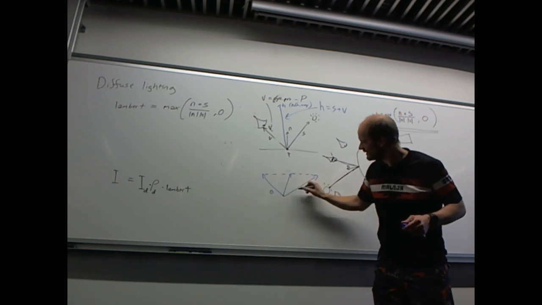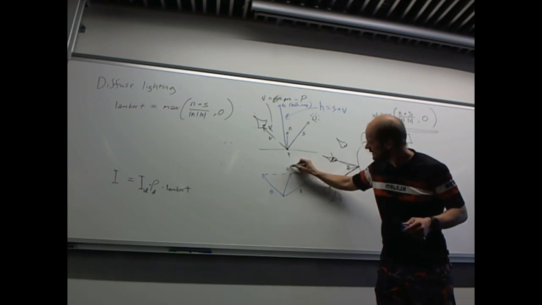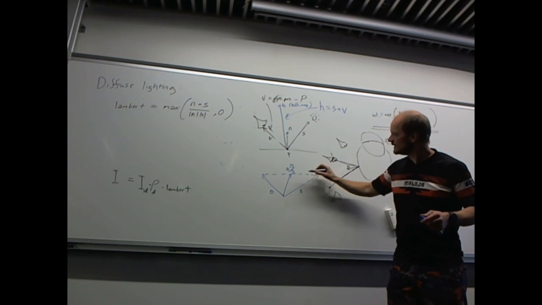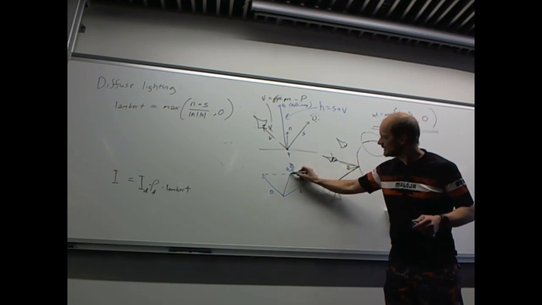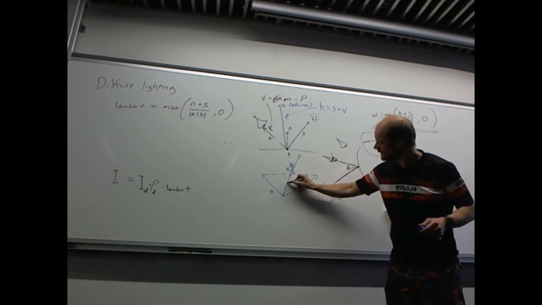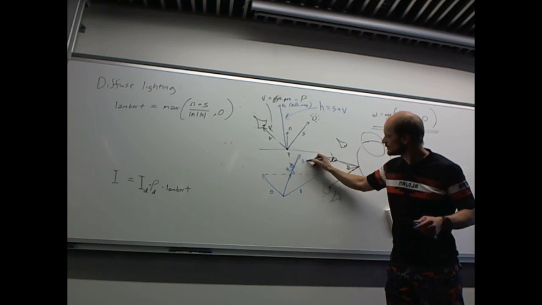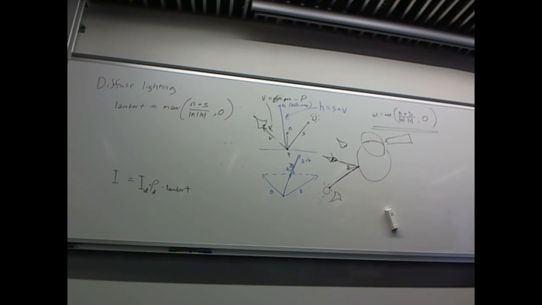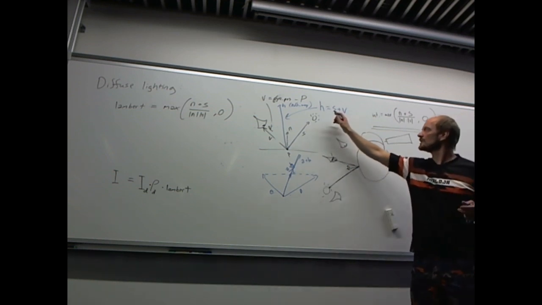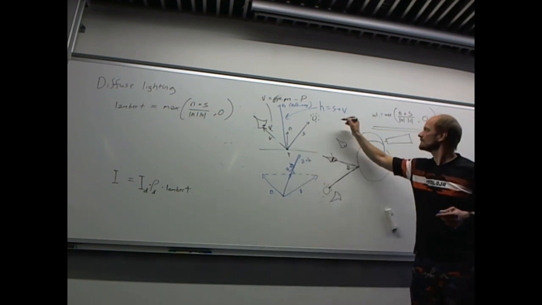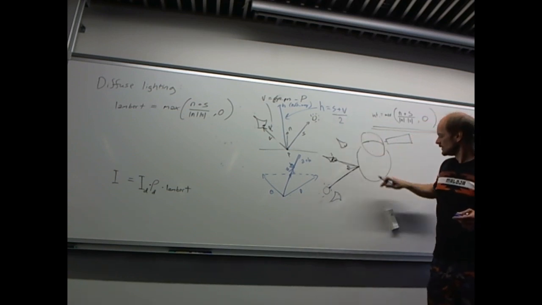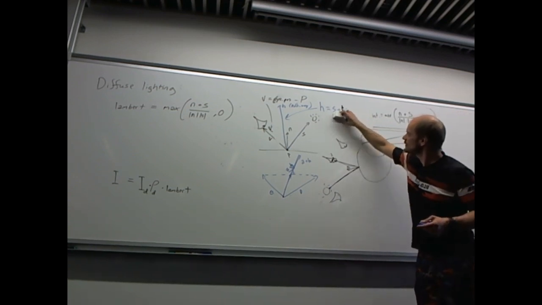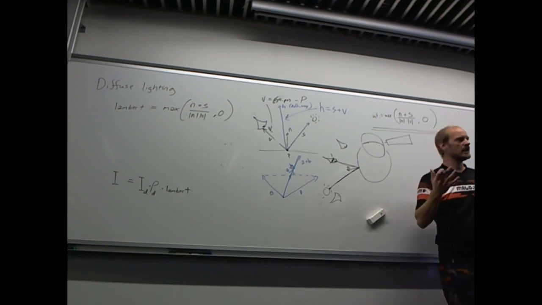So if this is A, this is B, then this is (A plus B) divided by 2. But this vector, all the way up here, is simply the vector A plus B. Since the only thing we're interested in is the direction, we can actually skip the division, right? So this would be the average vector of the two. Just skip the division. The division is just a scalar, and the scalar doesn't change the direction.